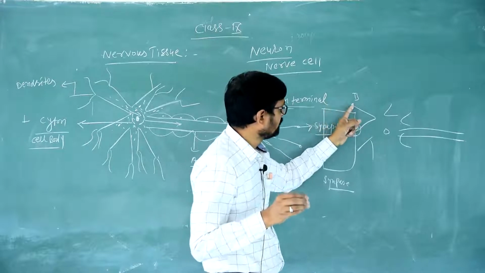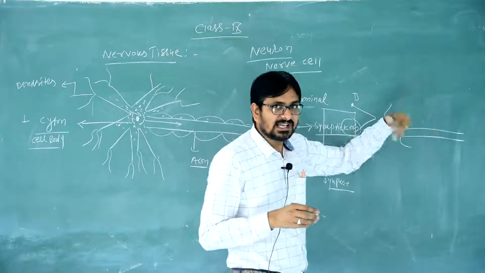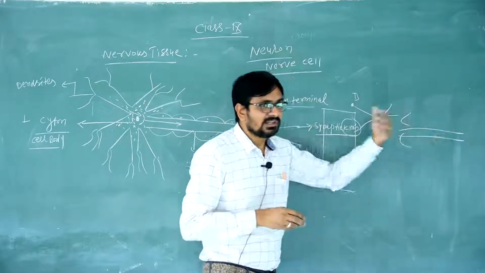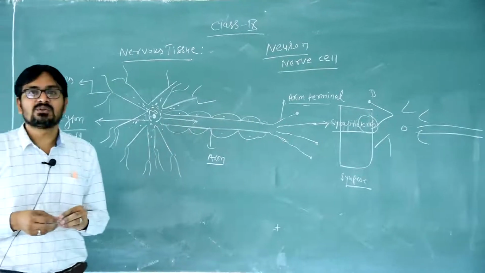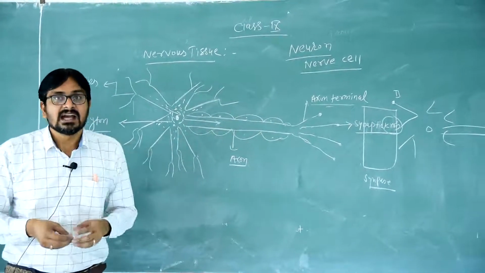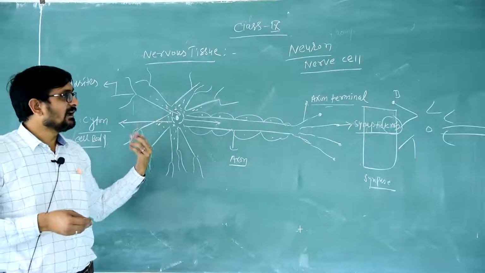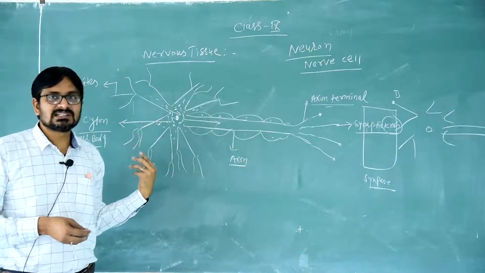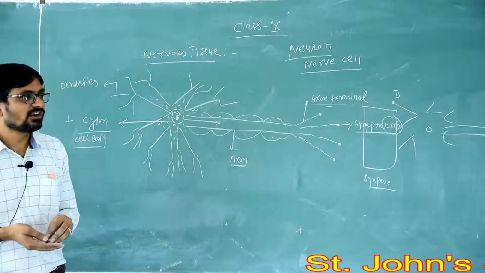Again it transfers to the cyton, then the axon, then another gap and another neuron. In this way the message is transmitted to the spinal cord, which interprets it, analyzes it and gives a response. Again the same thing happens, it transfers to the muscle cells, and the muscles remove the hand from that dangerous area.